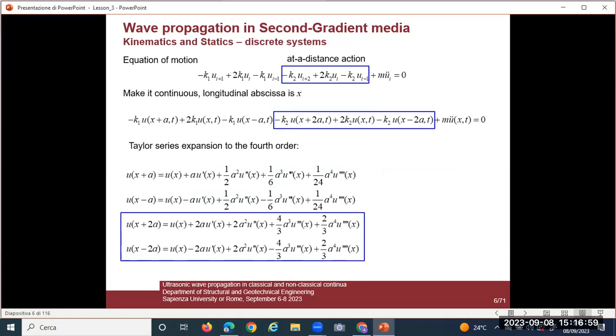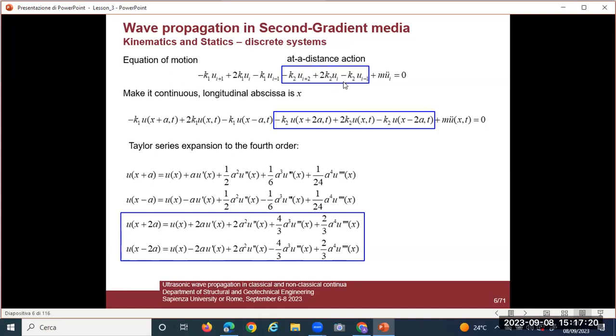Using the usual method, if you write down the equations of motion, you obtain an equation which contains also the at-distance actions. This is the balance equation for the ith oscillator.